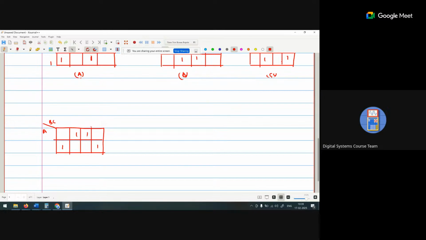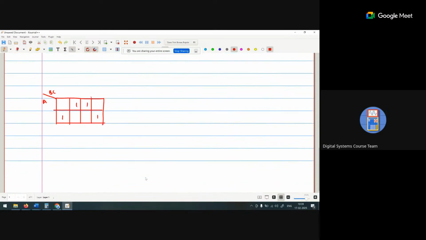A B C. Okay, so first of all, I go with option D. In option D, what will happen? This is the one group. The value of this group is A bar C plus.